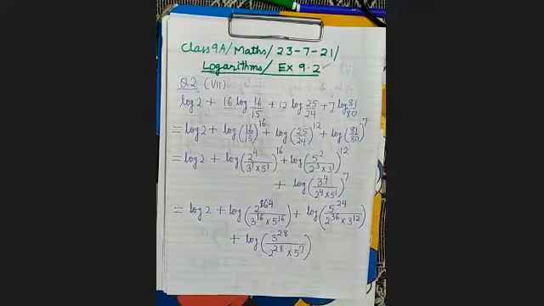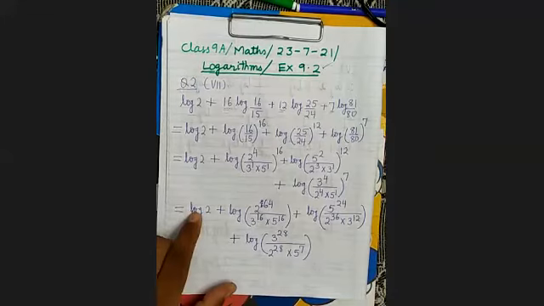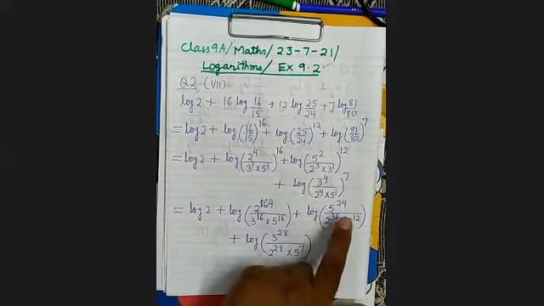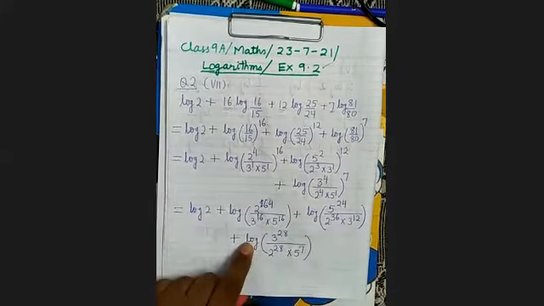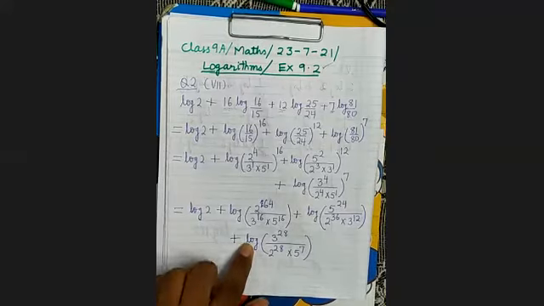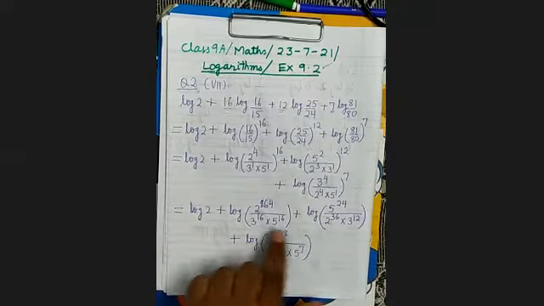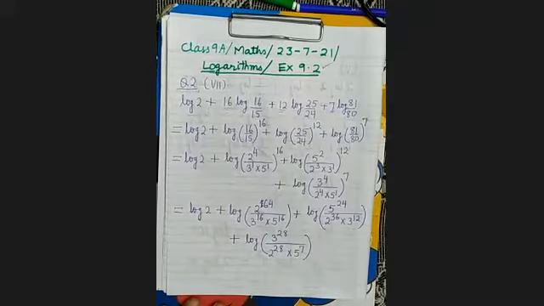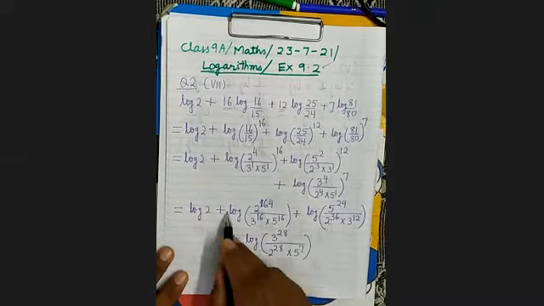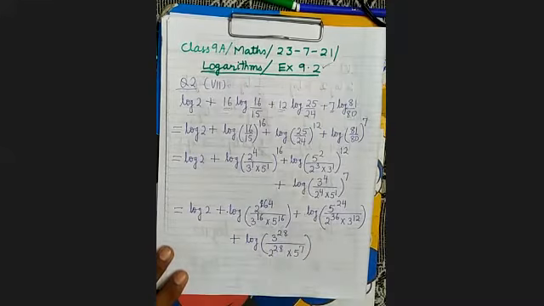It's clear. Now you can see here, this is like log m plus log n plus log p plus log q. When there is the sum of the logarithms, and there is no number before them, these are single logarithms.